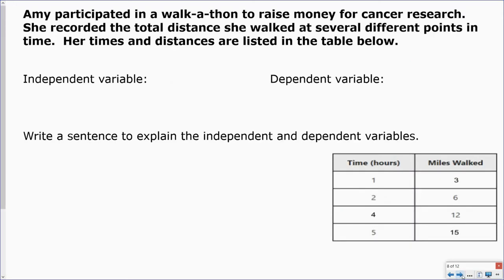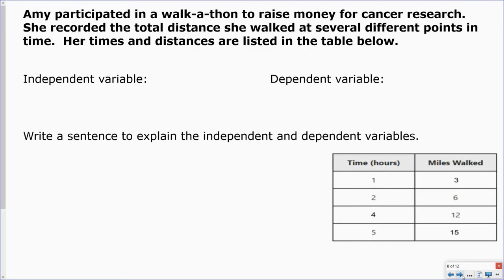So now we've got a little bit different situation here. It says Amy participated in a walkathon to raise money for cancer research. She recorded the total distance she walked at several different points in time. Her times and distances are listed in the table below.